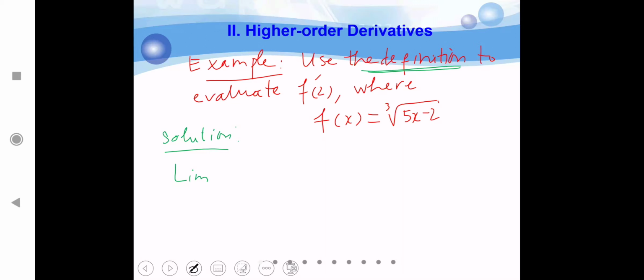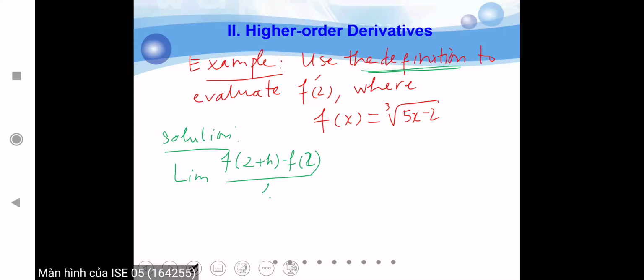We take the limit of (f(2 plus h) minus f(2)) over h when h tends to 0 equal what number?